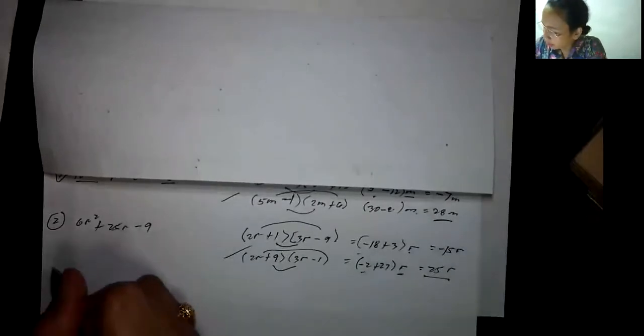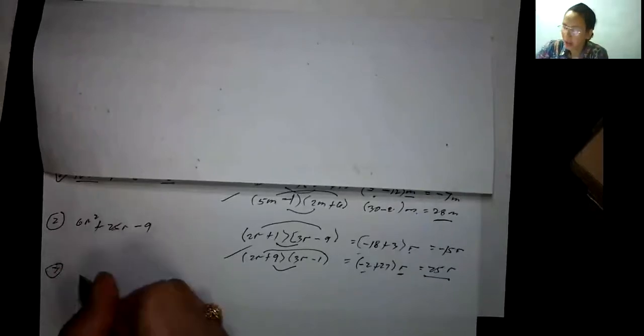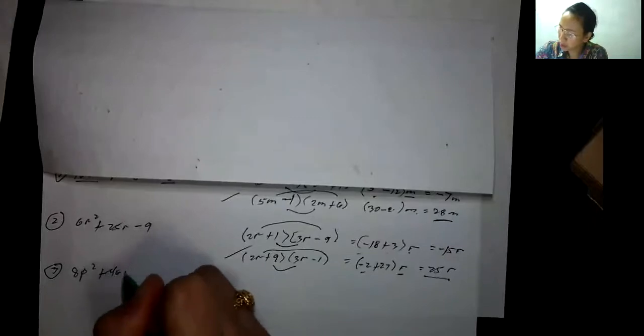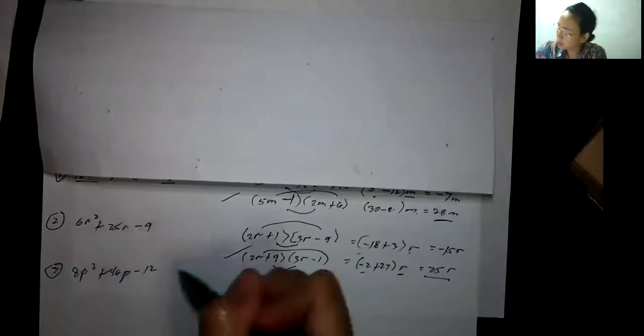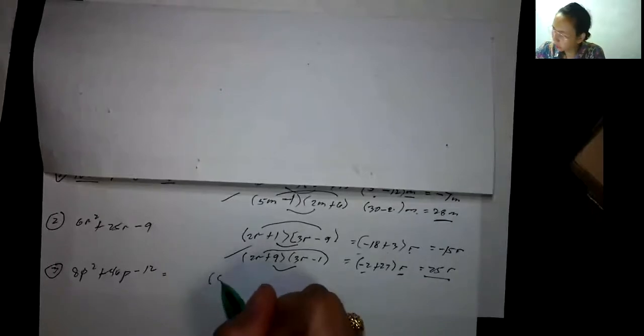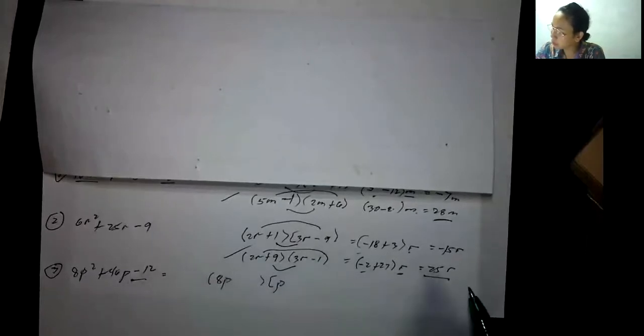So let us have another example. Suppose we have here 8p squared plus 46p minus 12. So let us have 8p and then the other side is p. And then what about a factor of negative 12?